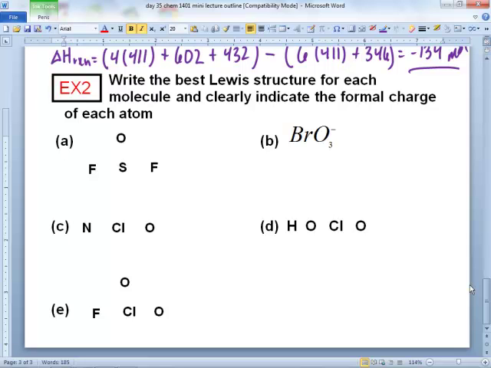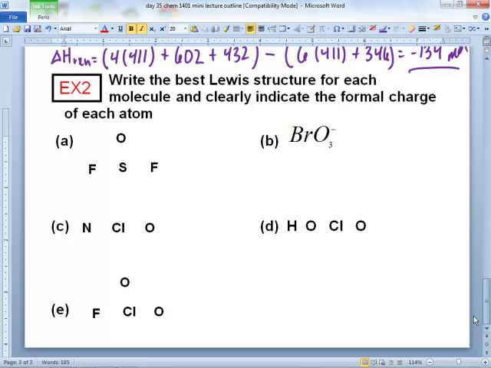Give it a shot. Get the number of valence electrons. Try to make octets.